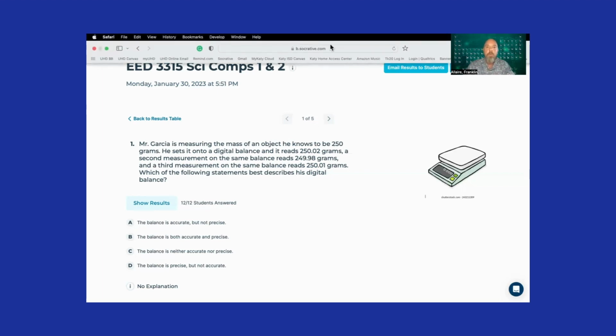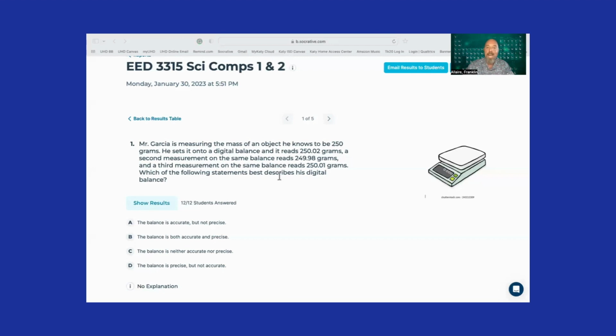What this question really gets into is the idea of accuracy versus precision. These are 2 terms that often go together, and a lot of people confuse them. A lot of people think that they mean the same thing, but actually they are different.